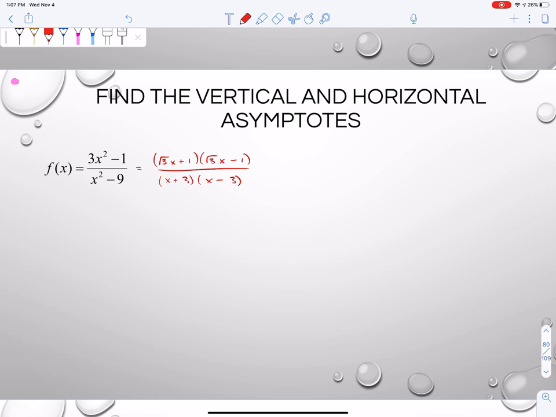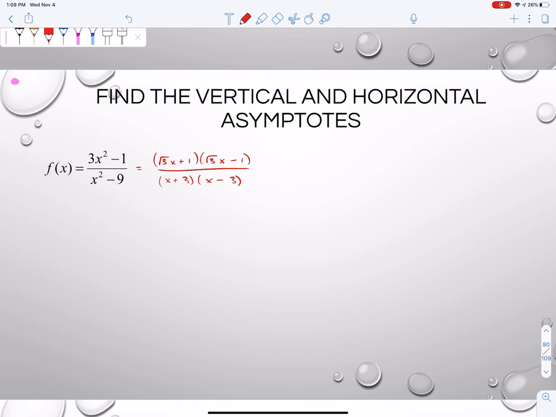So two things here. One, nothing's going to reduce, so factoring the numerator really didn't help me in this sense. If you look at something simple like this and you absolutely know it's not going to factor to something that's going to cancel, then you don't necessarily have to factor the numerator, but it doesn't hurt.